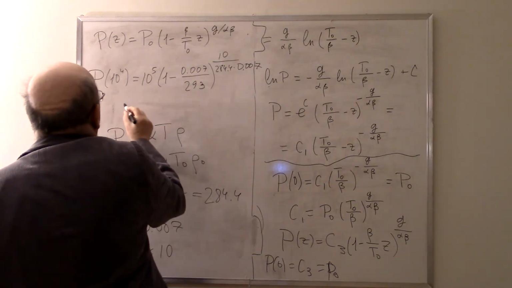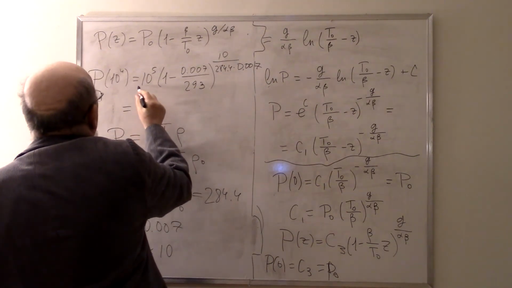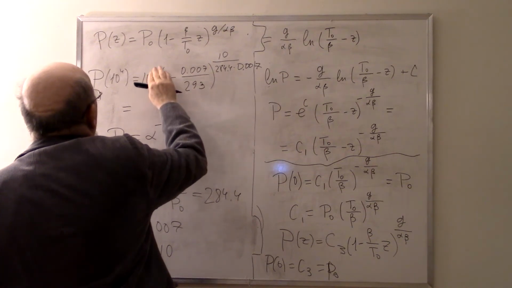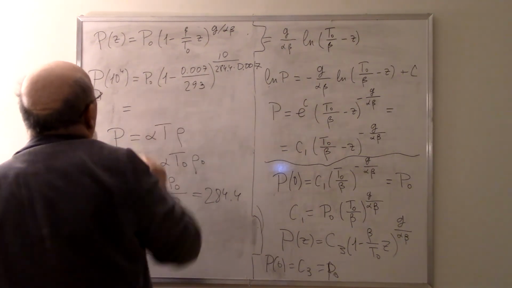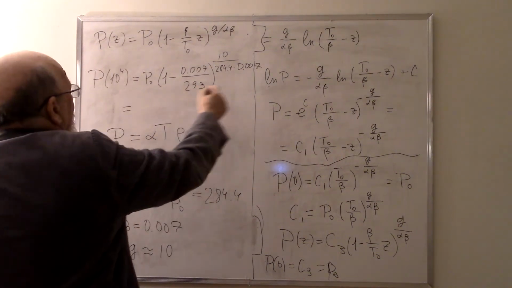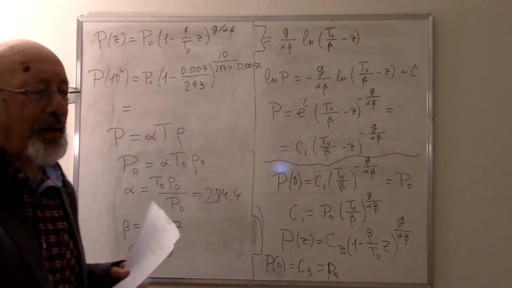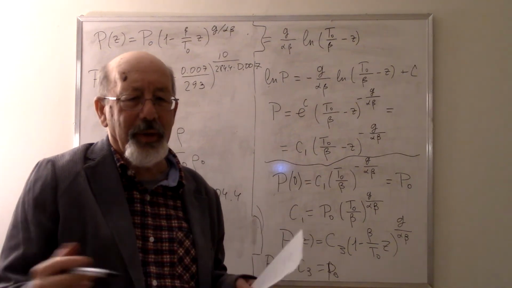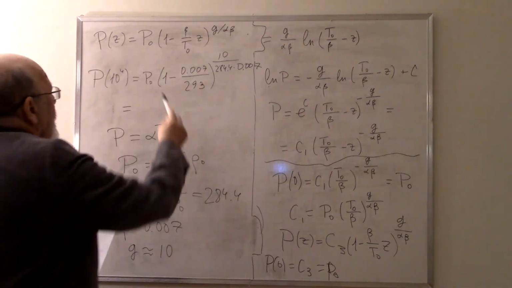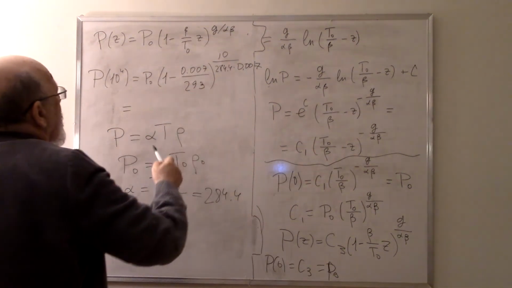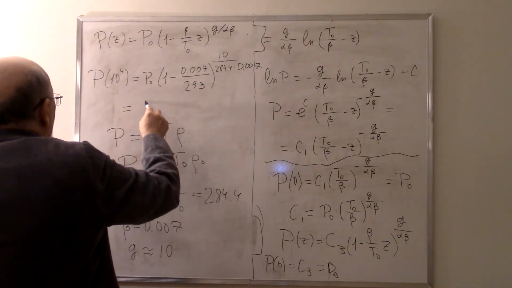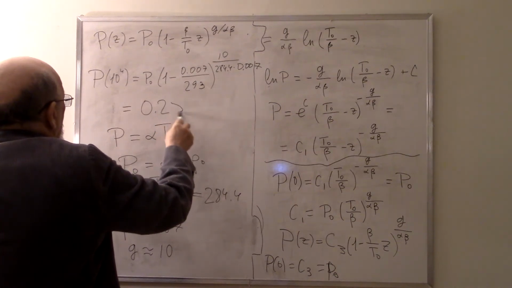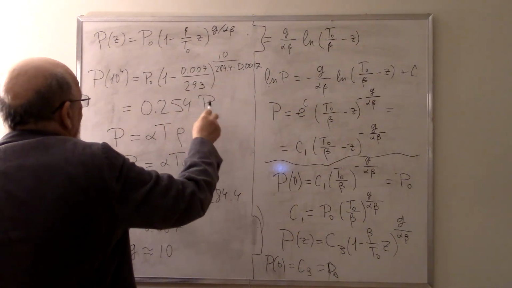Let us find this. Okay, taking our calculator and performing this operation, you have simply 0.25 P0.